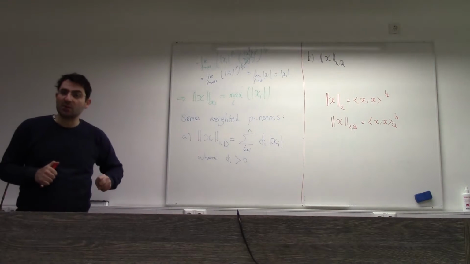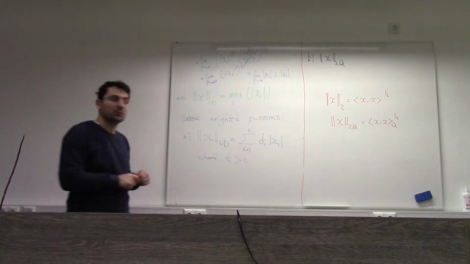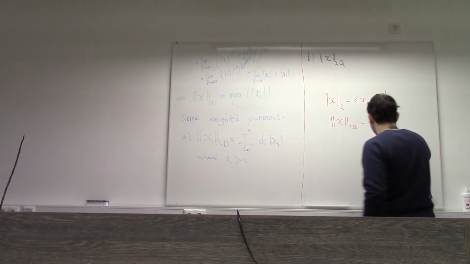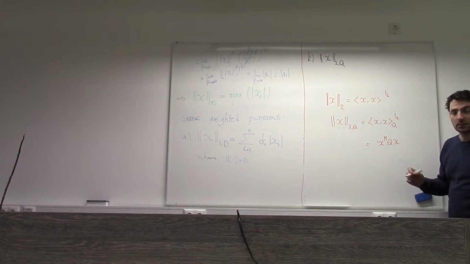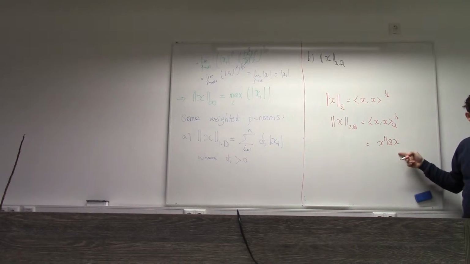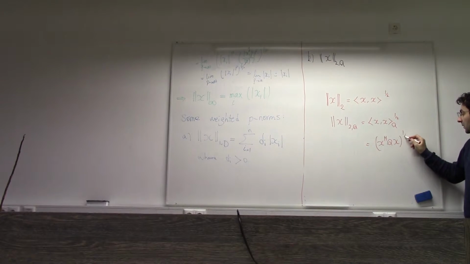How can I calculate this one? It was on Friday lecture. It is x Hermitian q x, right? This is the weighted inner product to power 1 over 2.